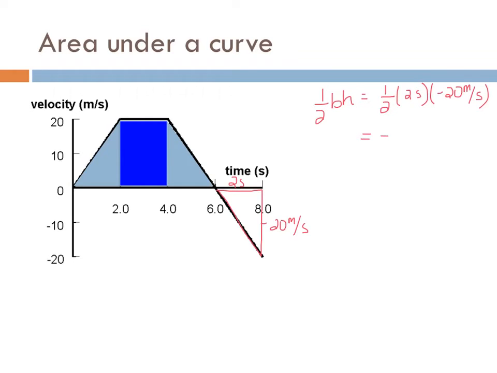So here we get a negative 20 meters. Meaning that we have been displaced 20 meters to the left of where we were. If I wanted to find the total displacement of this entire graph, I would simply have to find the displacement for each individual piece, take into consideration all the different signs, and then simply add them together.